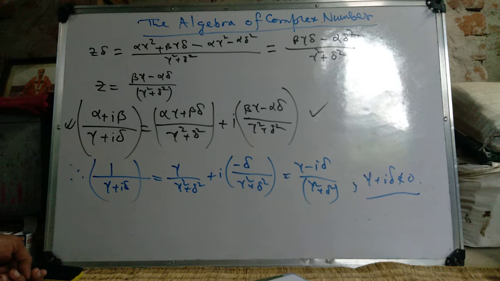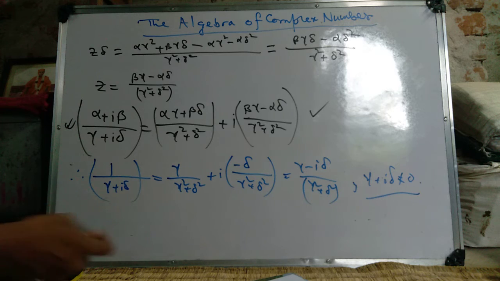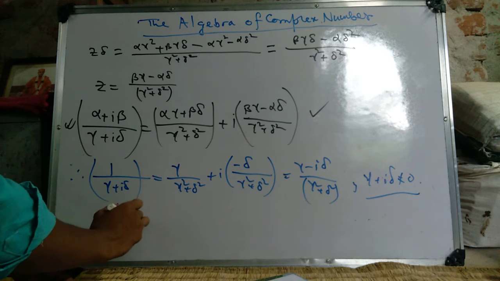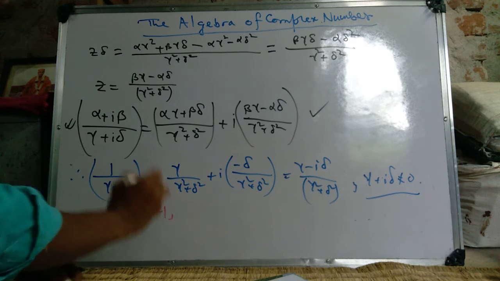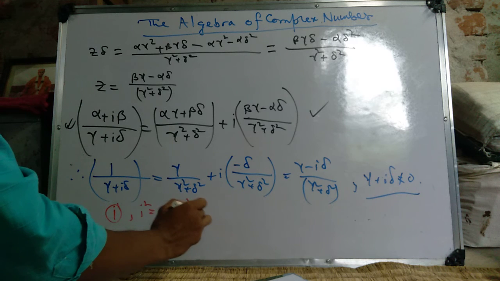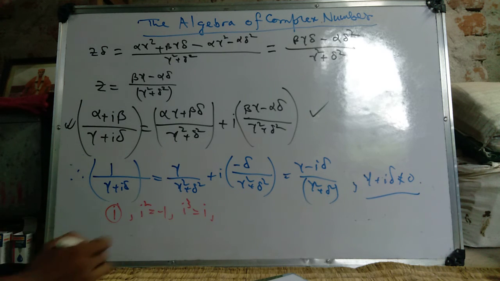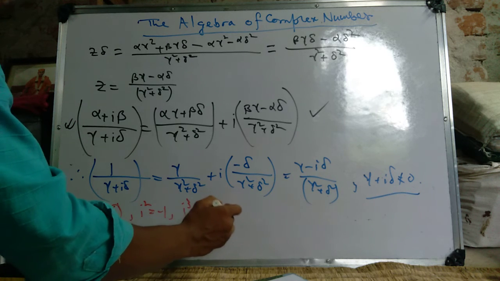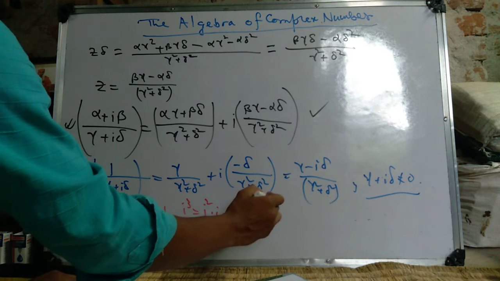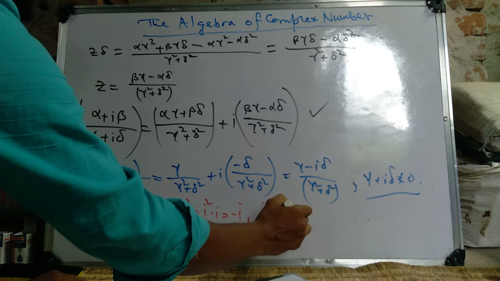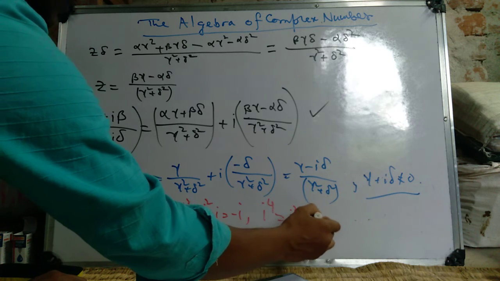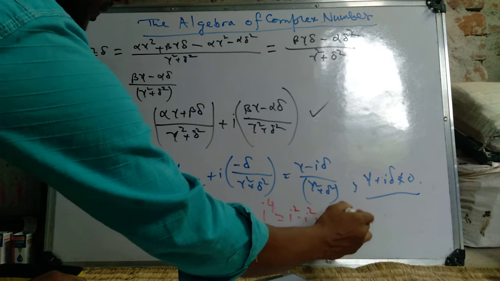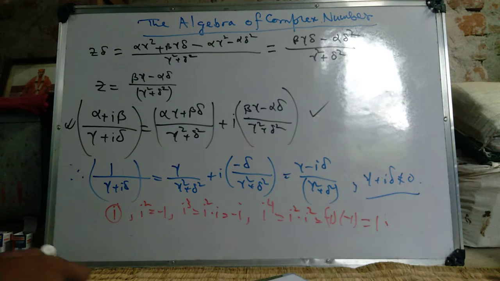Next we denote I to the power n. We know about I and I square also. I is one complex number, I square is -1, and I cube is, sorry, minus I, because I square multiplied by I gives minus I. I to the power 4 is I square multiplied by I square, equal to -1 multiplied by -1, equal to 1.